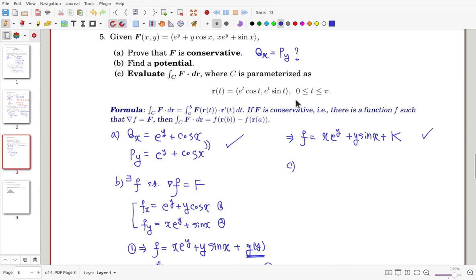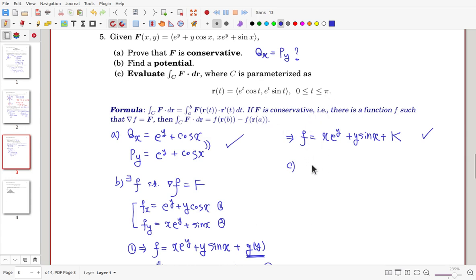Once the vector field is conservative, and if we can find the potential, then the line integral can be evaluated using the potential at the endpoint and at the beginning point. We already know the potential, and we have to find the endpoint and beginning point.